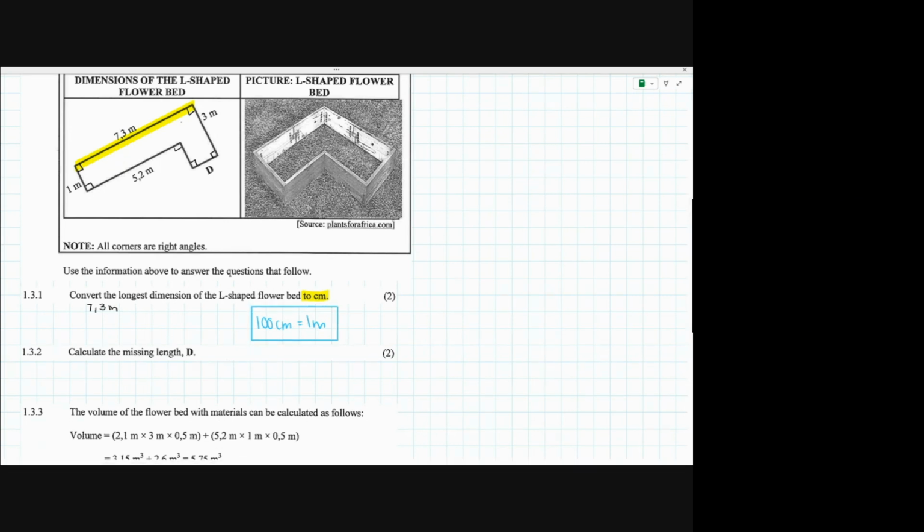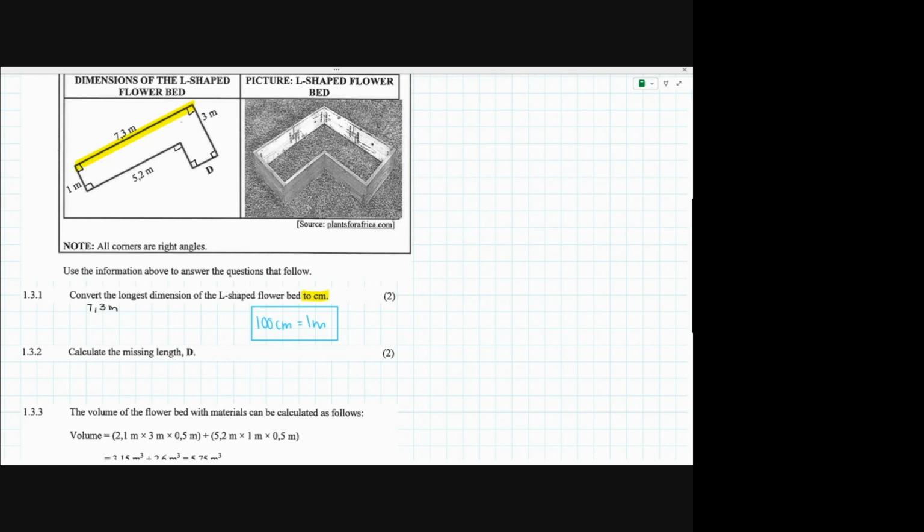All right, now guys, this calculation would be quite straightforward. However, I am aware of the fact that sometimes we forget or sometimes we're unsure of whether or not we should multiply or divide. Okay, so there's a few ways that you can remember this. I'm going to show you a little trick method that works with any conversion. So centimeters to meters, meters to kilometers, feet to inches, any conversion.